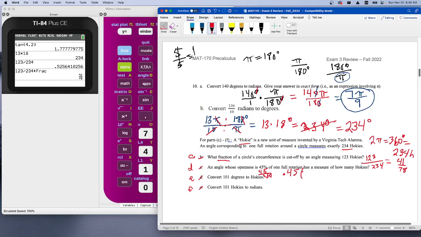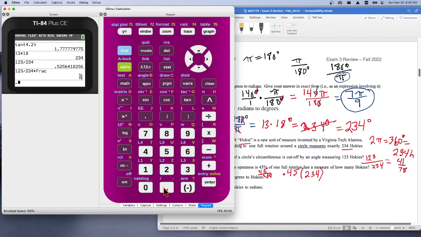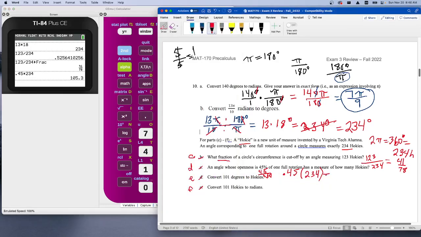Well, it's of a full rotation. Full rotation is 234. Again, 0.45 times 234 gives us 105.3 Hokies.